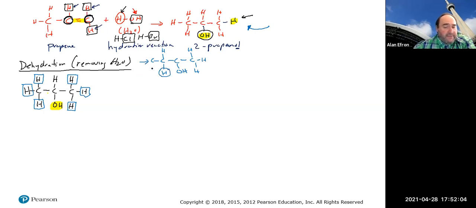So it's kind of the opposite rule. We take it off the one with the least number of hydrogens. So when we put it on to make the alcohol, the hydrogen goes to the one with the most. When you need to remove a hydrogen to dehydrate it, you take it off the one with the least. So they're kind of opposites of each other.